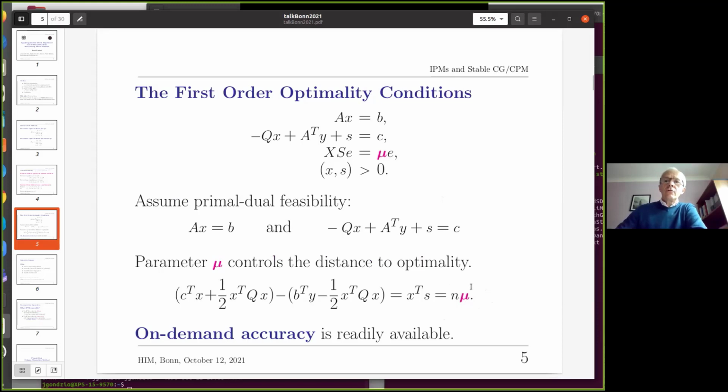This is very different from active set methods, in which, as long as there exists at least one variable which has negative reduced cost, you can't really tell where the optimum is, what the optimal function value is. So this feature of interior point methods allows us to solve problems to a specific accuracy and interrupt interior point methods early enough.